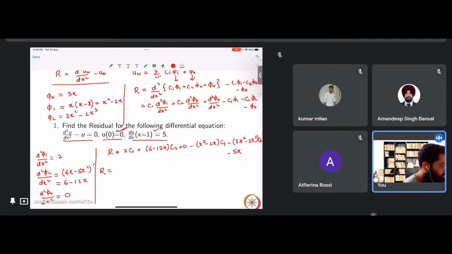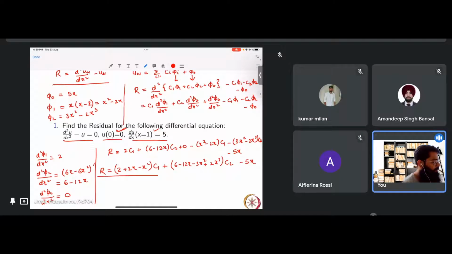Combining all the coefficients of c1 and c2, we'll get (2 plus 2x minus x squared) times c1 plus (6 minus 12x minus 3x squared plus 2x cubed) times c2, plus minus 5x.